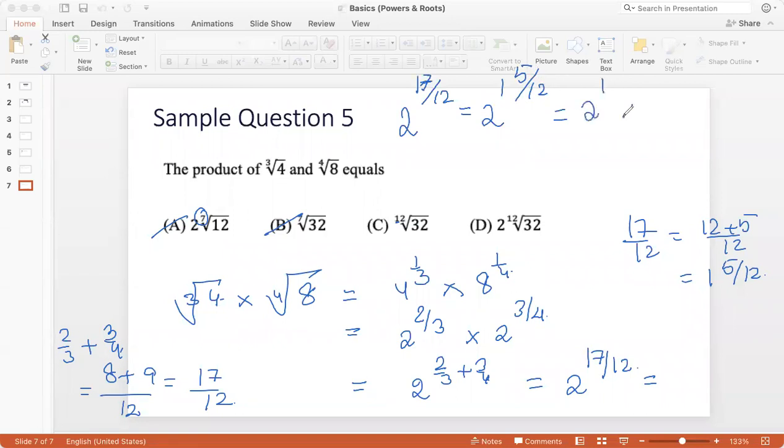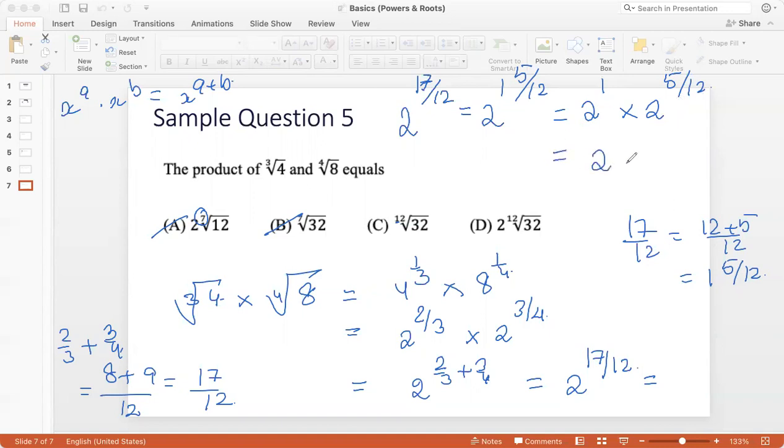And that is 2 to the power 1 into 2 to the power 5 by 12, right? Because now I'm doing the reverse of what we do. So instead of doing x to the power a times x to the power b is x to the power a plus b, I'm going from x to the power a plus b to x to the power a into x to the power b.